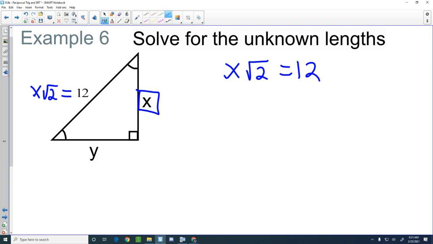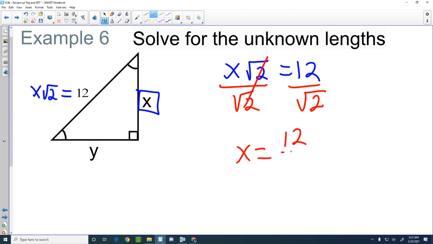Now, let's just solve this little mini equation for x. If it's being multiplied by the square root of 2, how do I solve for x? What do I have to do to both sides? Divide. Yeah. So let's divide by the square root of 2 on both sides. And we see that x has to equal 12 over the square root of 2.